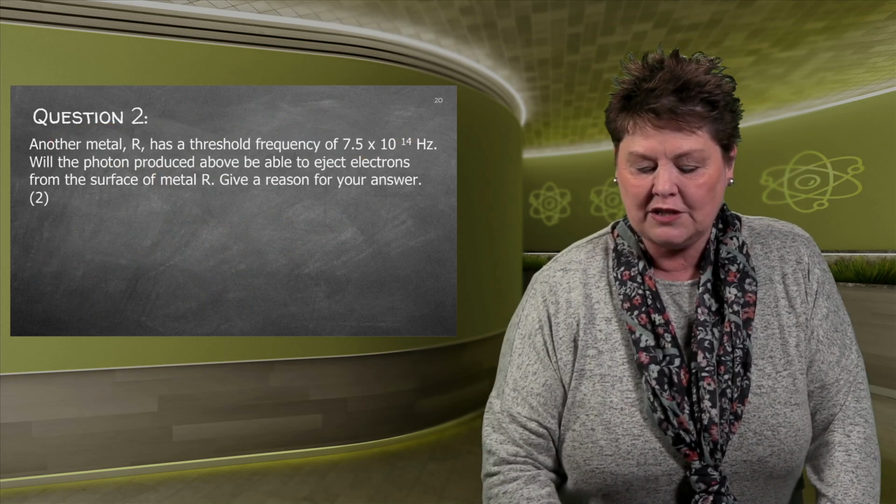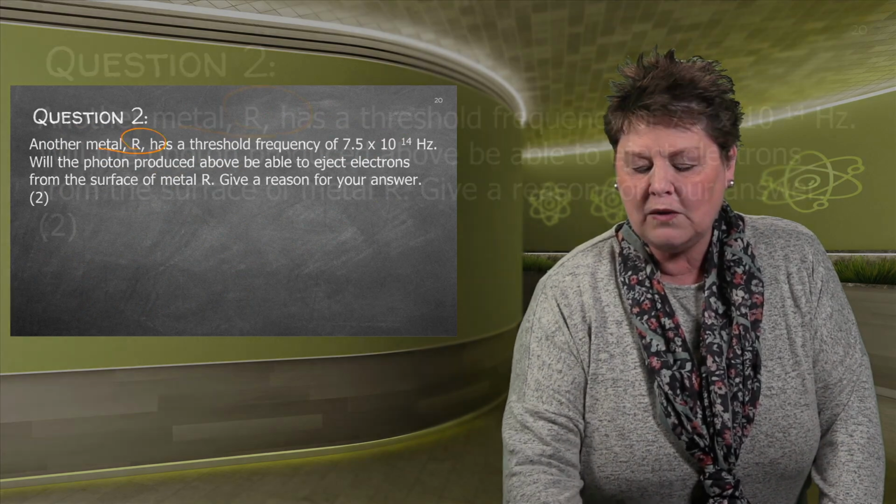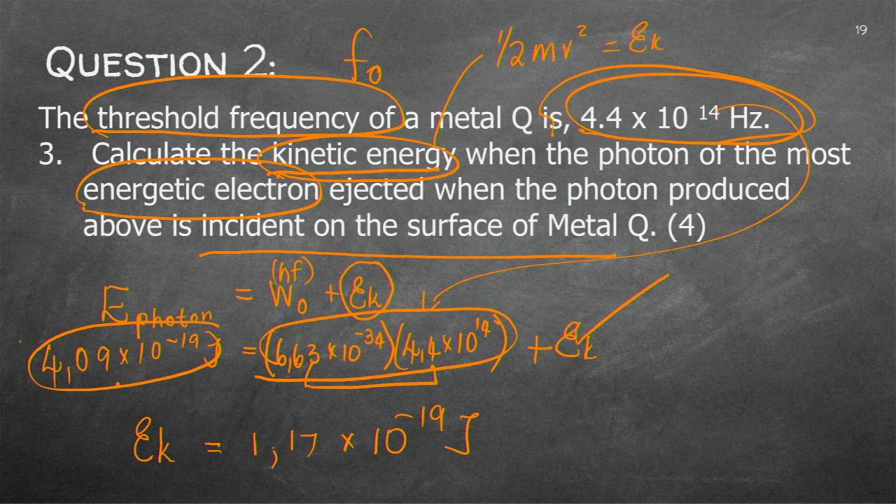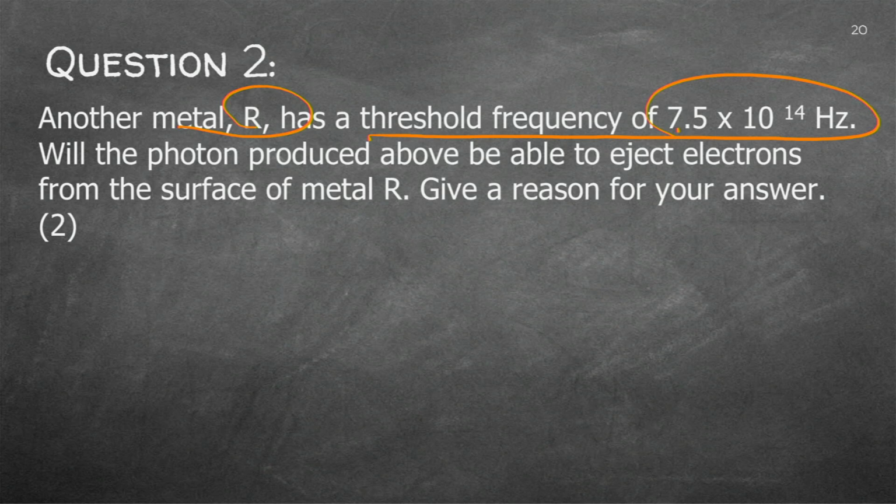And last question, another metal with another value for a threshold frequency. And you can see that frequency is a bit different to the one we had. In actual fact, it's 7.5 and 4.4. And they now ask me, will the photon produced above be ejecting electrons?